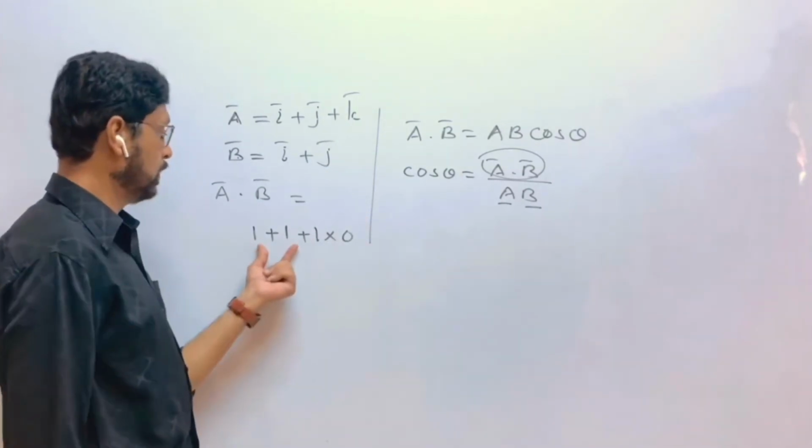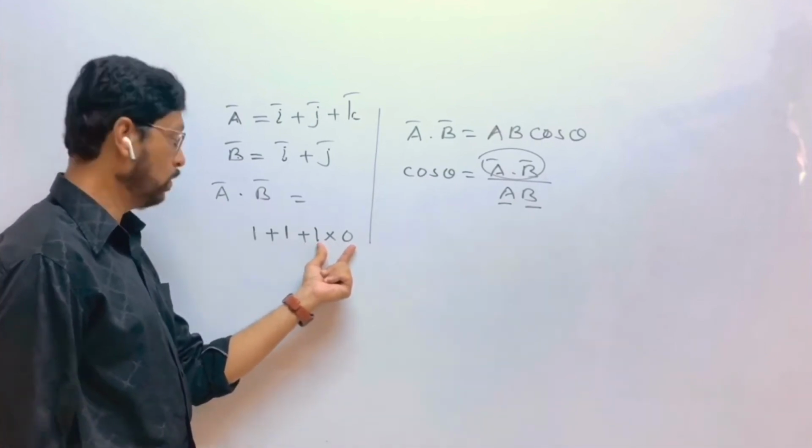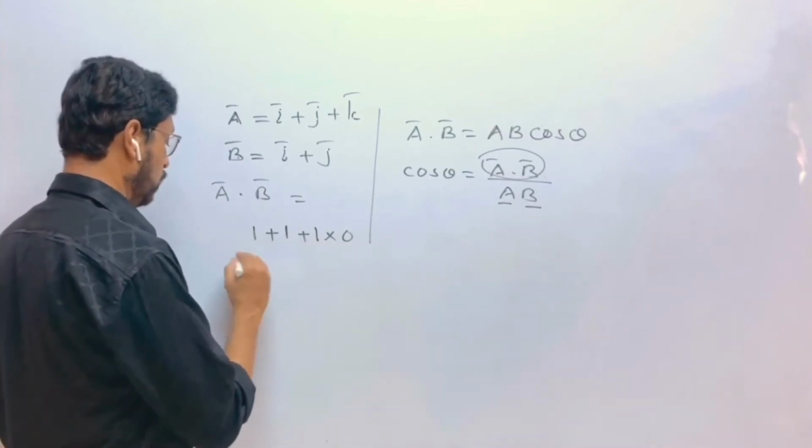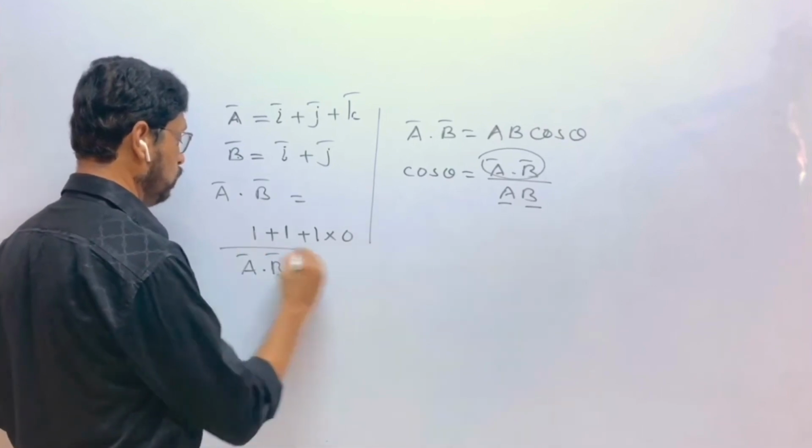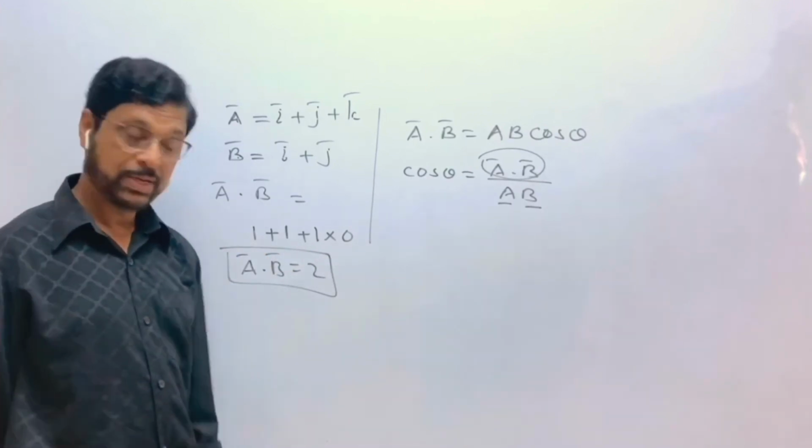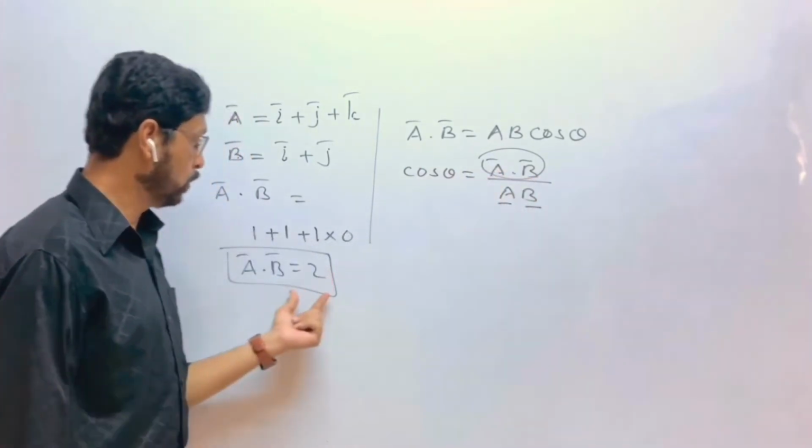So it is 1 plus 1 plus 0, that is 2. So A dot B is equal to 2. You got one value.